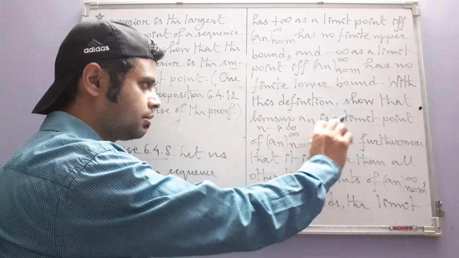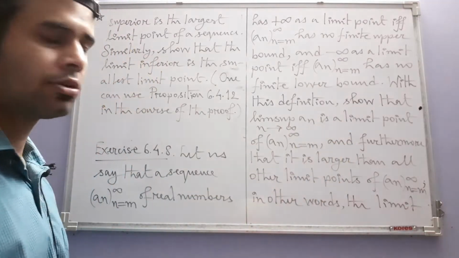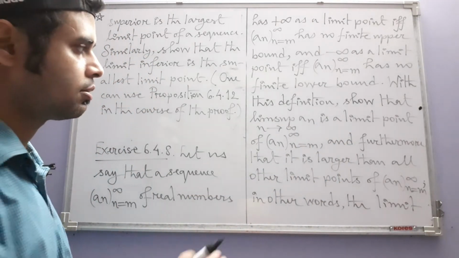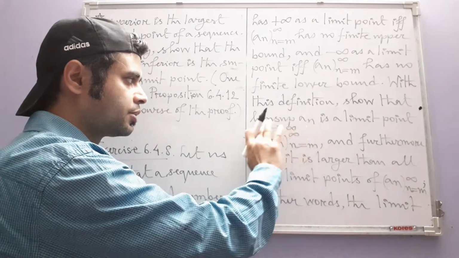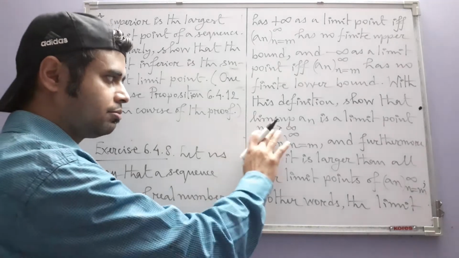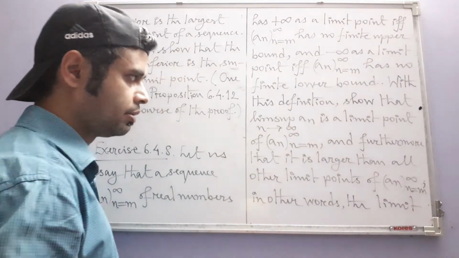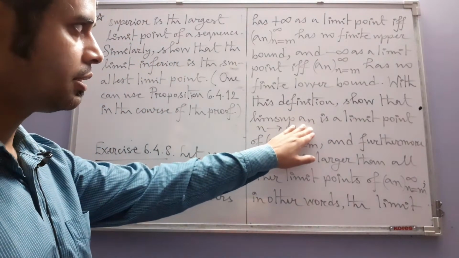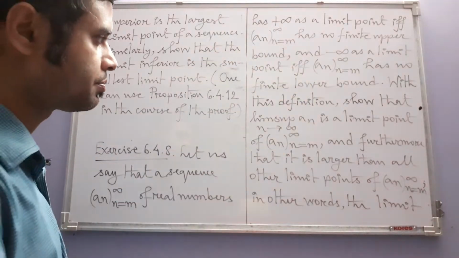Here, however, this fact is unconditional. We are not putting any condition on the finiteness or infiniteness of this upper limit. Whatever it is, it's now going to be a limit point, and to account for that infinite case, we have this definition.